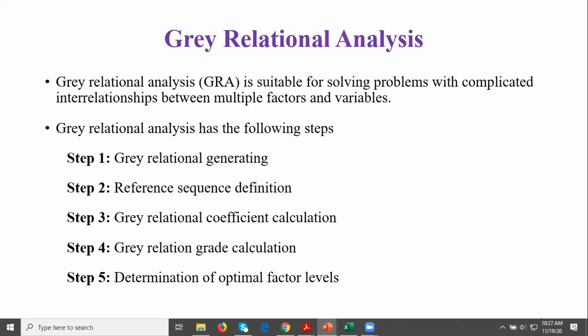For gradation analysis, till now there is no particular software. For example, in Minitab you can do the Taguchi methods, and in Design Expert you can do RSM, response surface methodology.